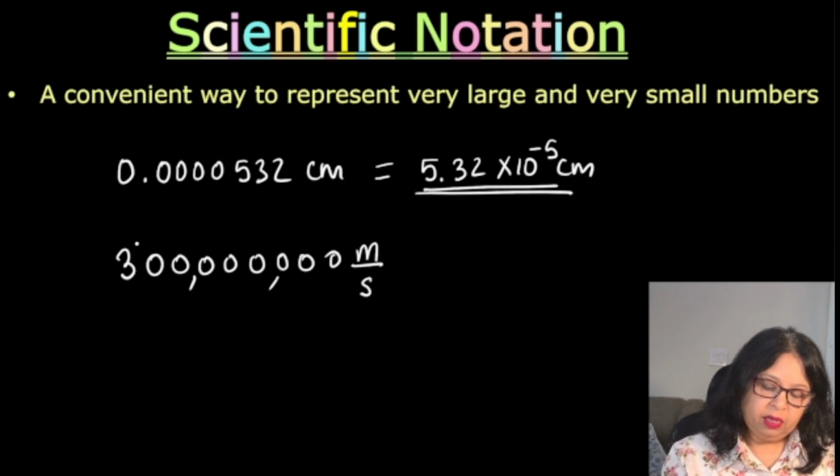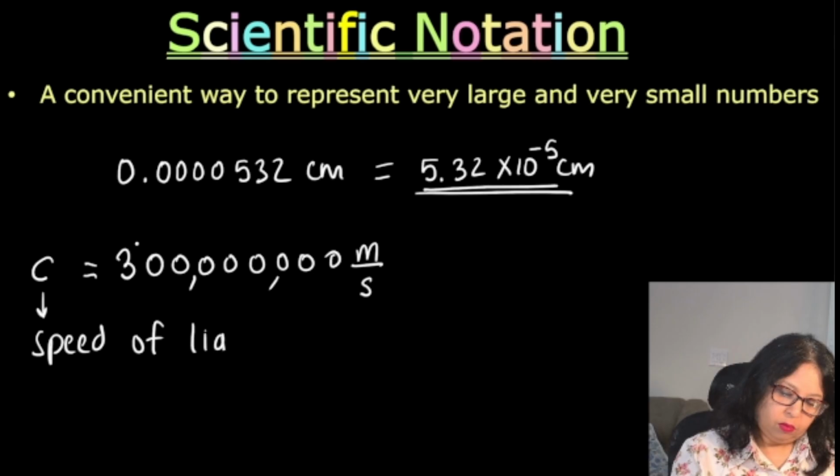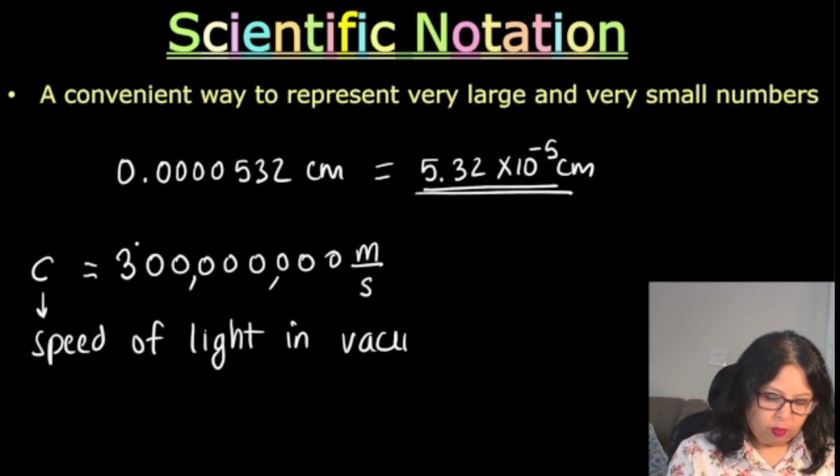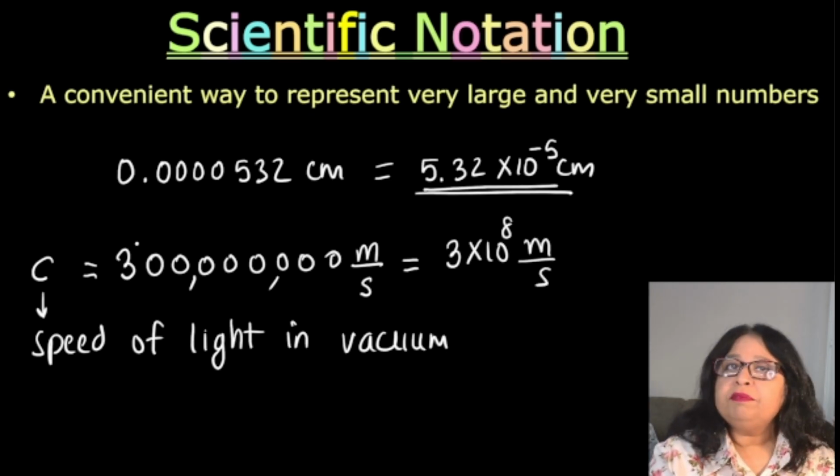300 million per second. Now this happens to be c, the speed of light in vacuum. This can be written as 3 times 10 to the power 8 meters per second in scientific notation.